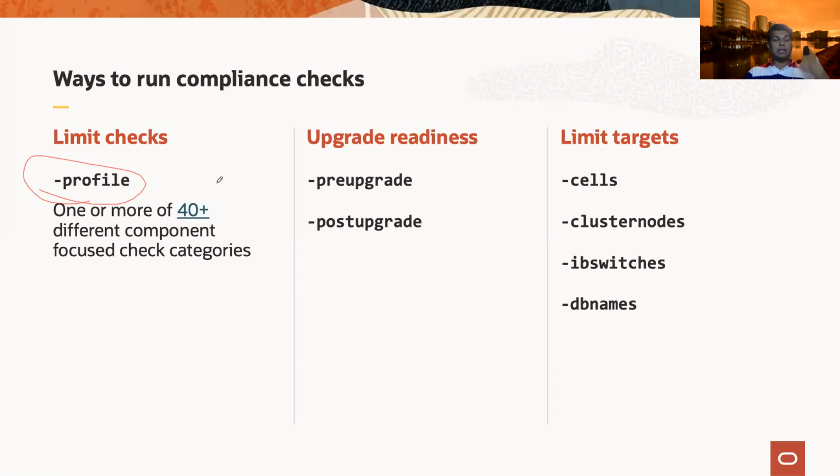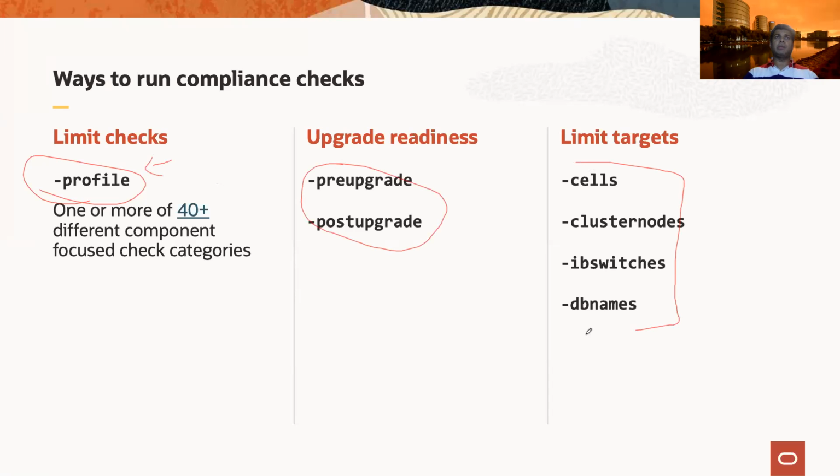Remember, this utility is intended to be non-intrusive and non-CPU consuming. As a result, it will take longer to complete without affecting your system. The -profile option tells you how to reduce the total number of checks based on a specific profile target. Pre and post upgrade is for upgrade readiness.